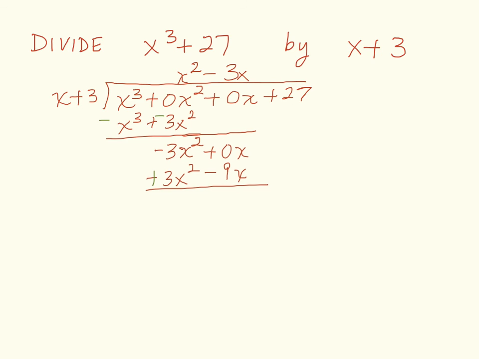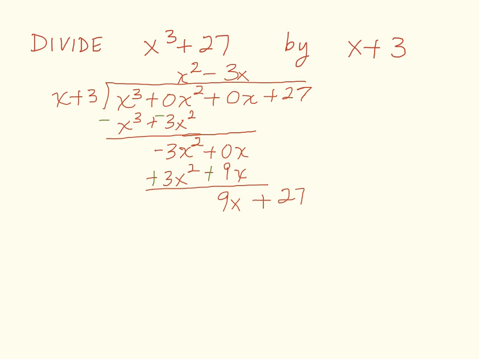Negative 3x squared becomes positive, negative 9x becomes positive. So what do we add? 0x plus 9x is 9x. Negative 3x squared plus 3x squared is 0. So all we do now is bring down the 27.